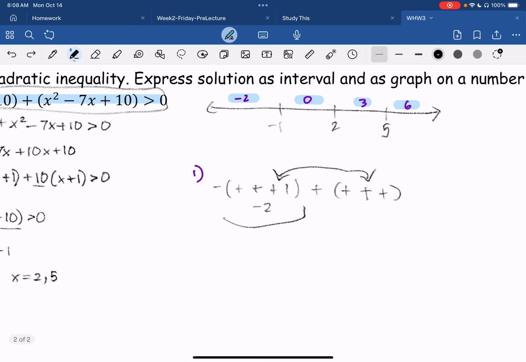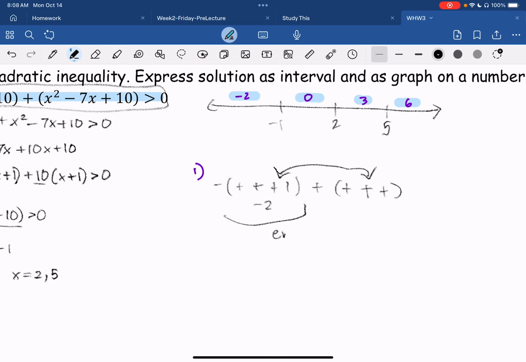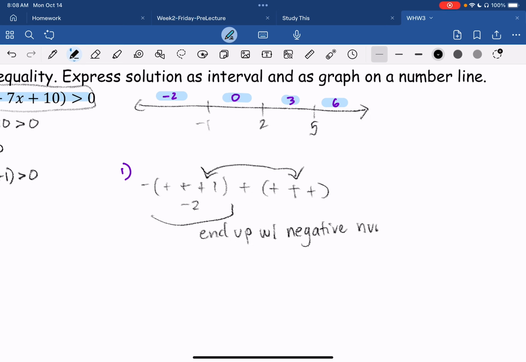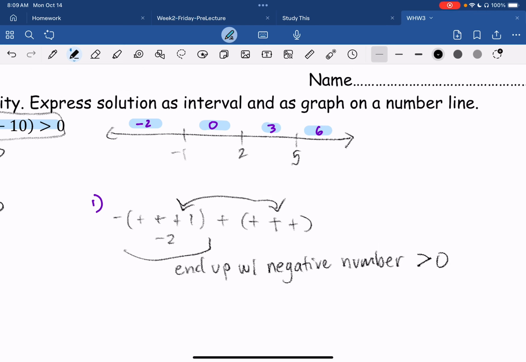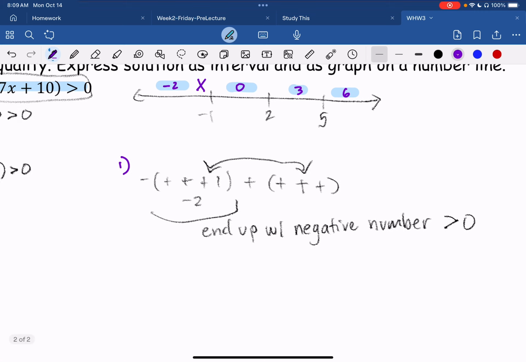So I will end up with a negative number. So is this true? No, because negative numbers are less than -1. Less than -1 does not work.